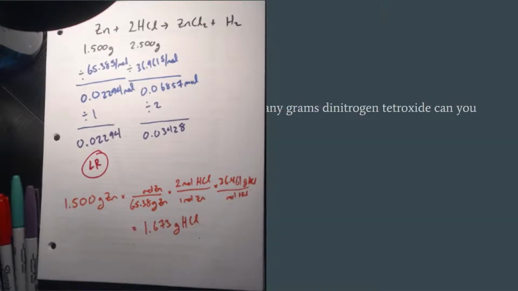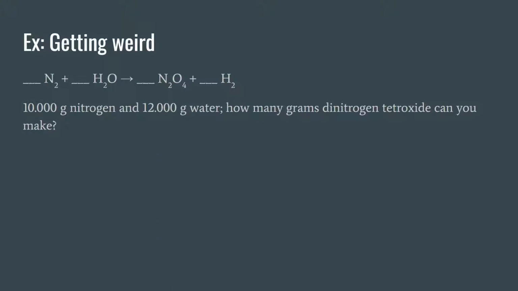All right. So here's another example. Nitrogen plus water. Hypothetically, you could make dinitrogen tetroxide and hydrogen gas. So if we have 10 grams of nitrogen and 12 grams of water, how many grams of dinitrogen tetroxide could we make? This would be with a 100% yield. And yes, we can and probably will combine limiting reactant problems and percent yield problems and get all sorts of wonky crap out of it.